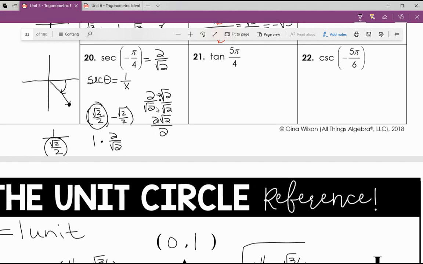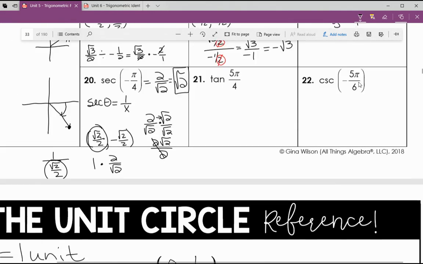Square root of 4 is 2. These 2's will cancel, so when we clean that up, we get square root of 2 flat out. Everybody okay with that one? All right.